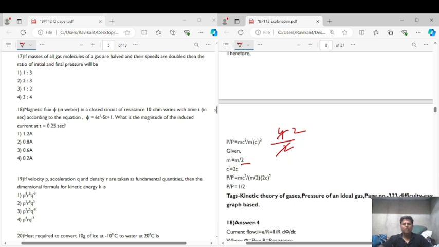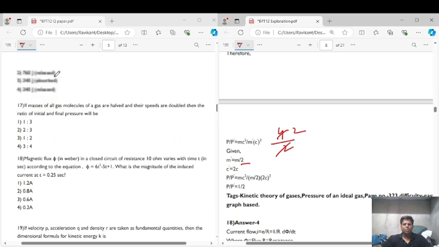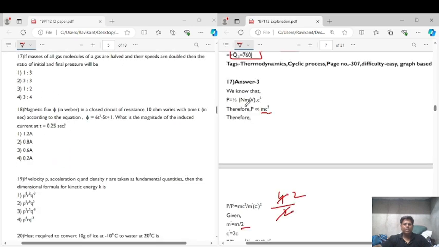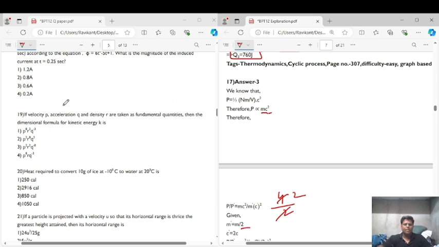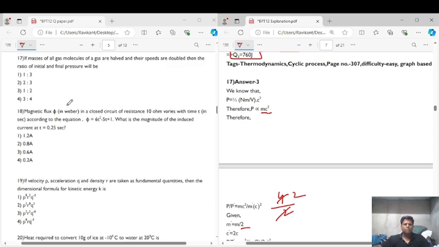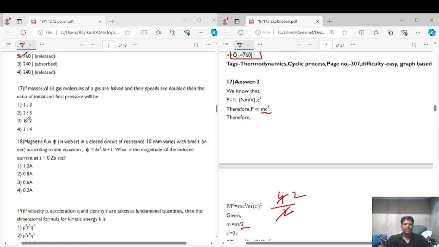So the ratio of initial pressure and final pressure will be equal to 1 is to 2. So the correct answer for question number 17 is 1 is to 2, that is option number 3. Right?